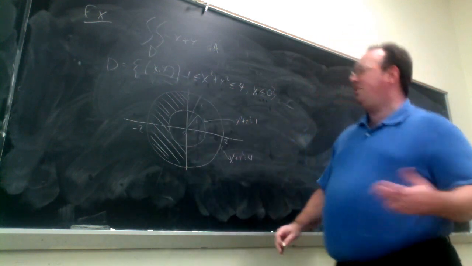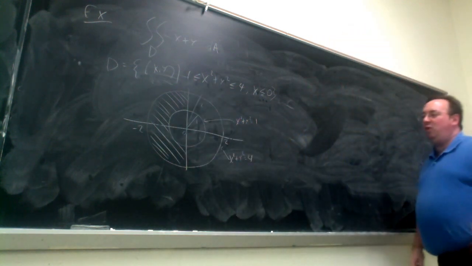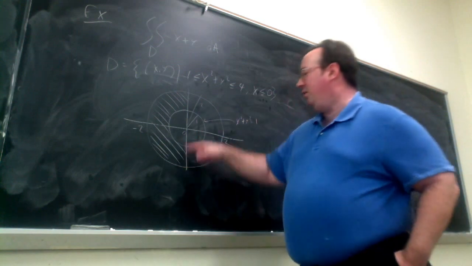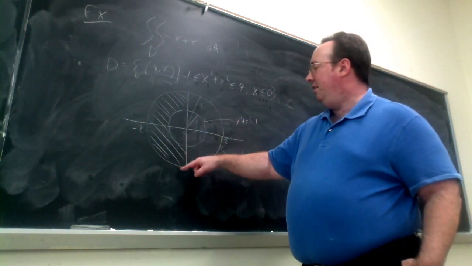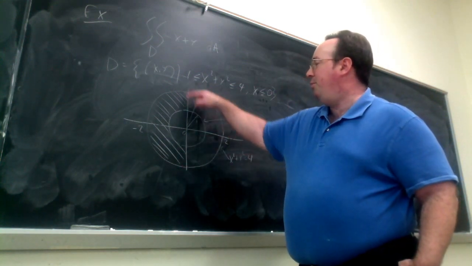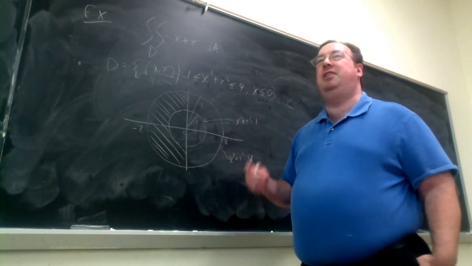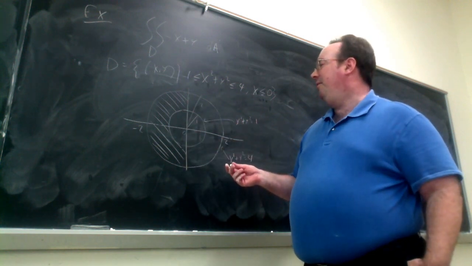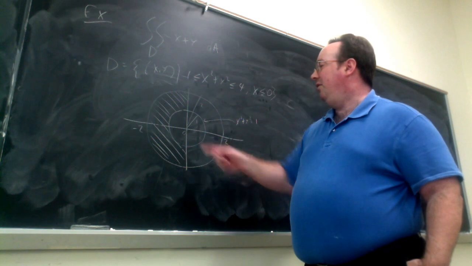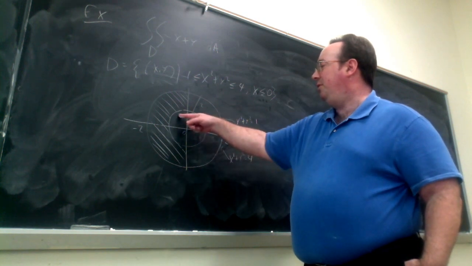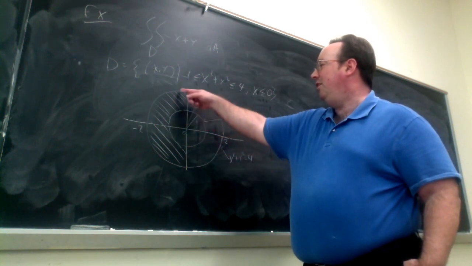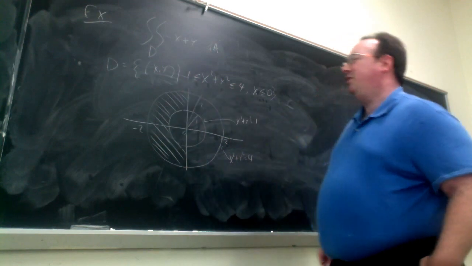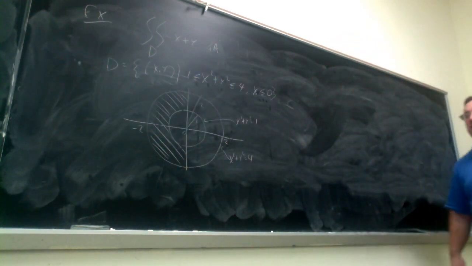So the x limits would not be a problem. But what about y? If you're over here, you'd have 4 separate bounding y values, so you'd have to break it up into 2 integrals. So your limit, for this piece, could be something like square root of 1 minus x squared and square root of 4 minus x squared. You get these really difficult expressions.